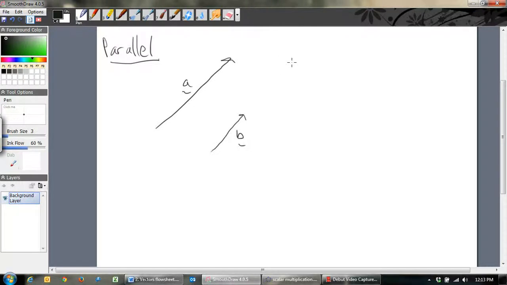So let's just say A was equal to, it looks like about 45 degrees, so let's say (5, 5). And let's say that B is equal to (2, 2). Don't forget the tildes. So if you look at those two vectors, when are they parallel?